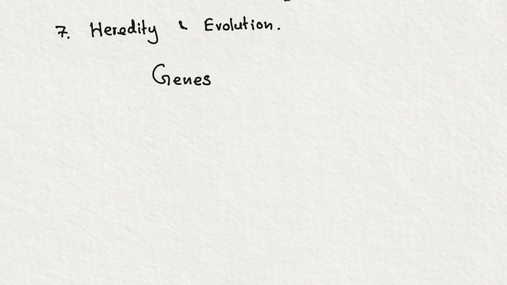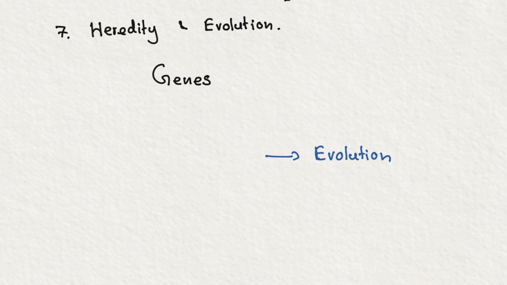So organisms have genes that pass characteristics from one generation to the next. And the changes that occur over time as a result of genetic modifications lead to evolution. So heredity and evolution both are characteristics of living organisms. Living organisms have genes.